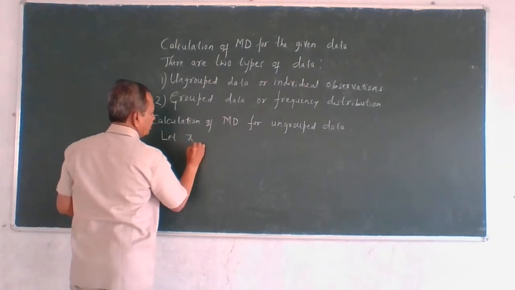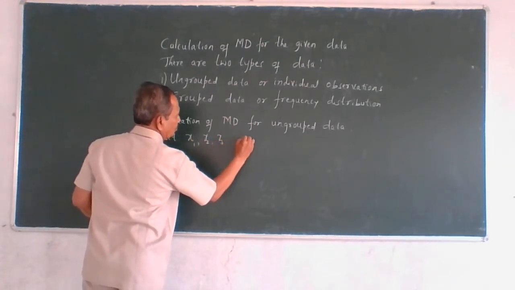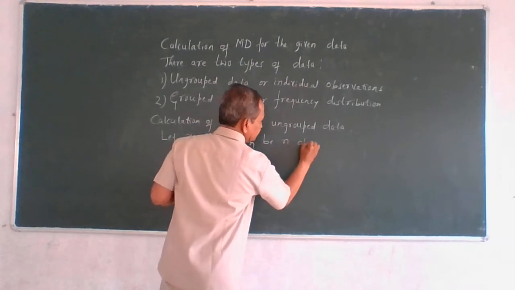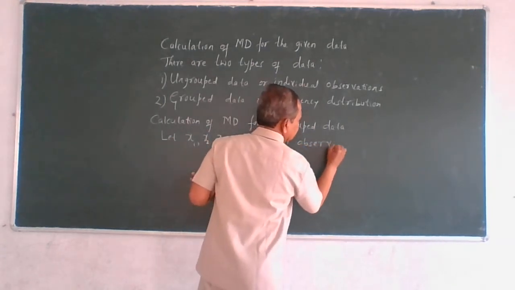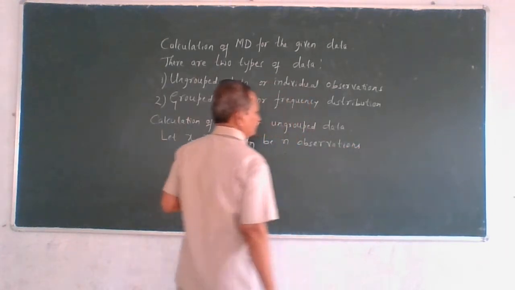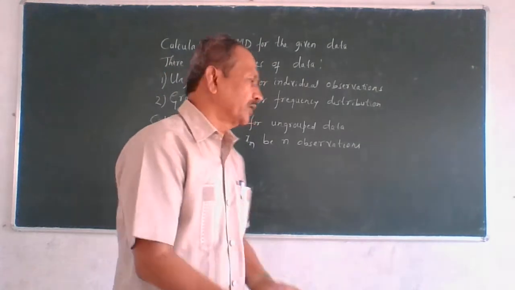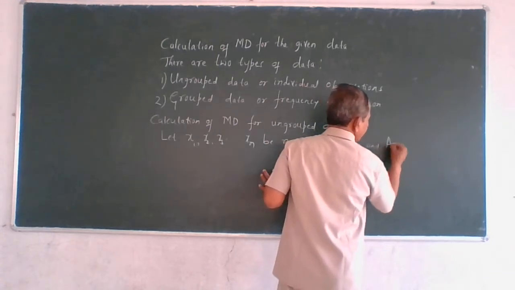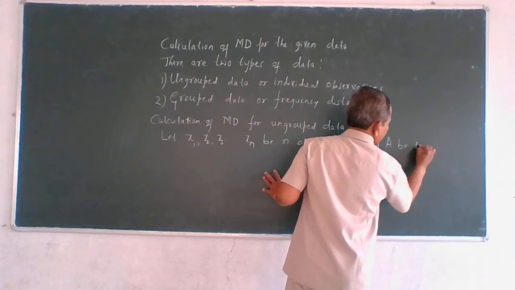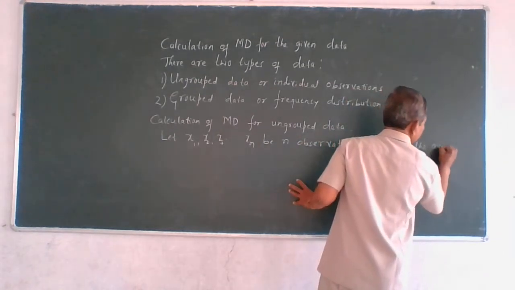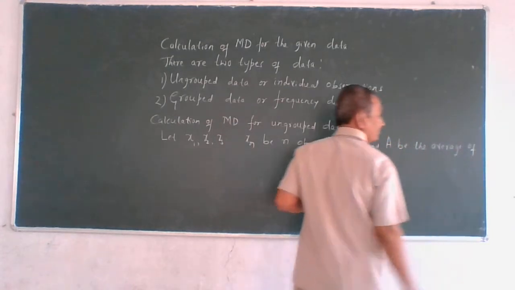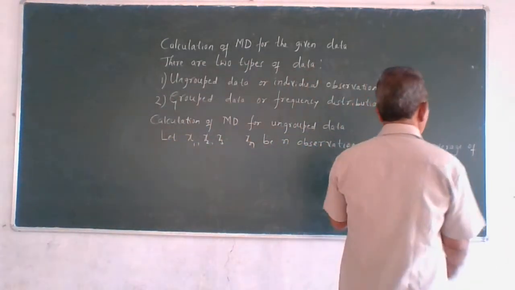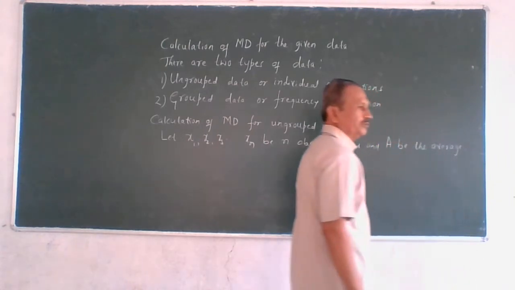Let x1, x2, x3, so on xn be n observations, or they are the marks of n students, and let A, capital A, be the average or central value of these n observations.